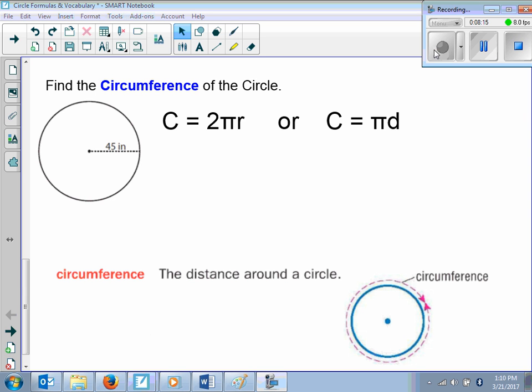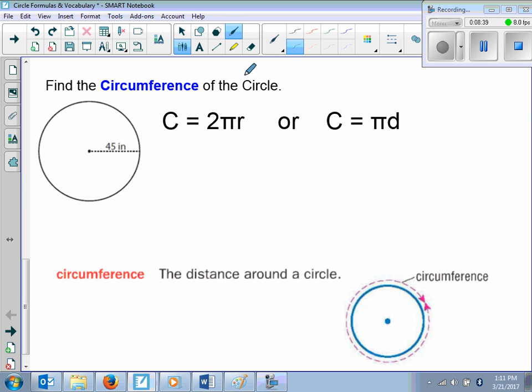I want you to notice that there are two formulas for circumference. This first one is circumference is equal to 2 times pi times r. Over here, this is circumference is equal to pi times diameter. But if you look at it, they're actually the same formula, right?